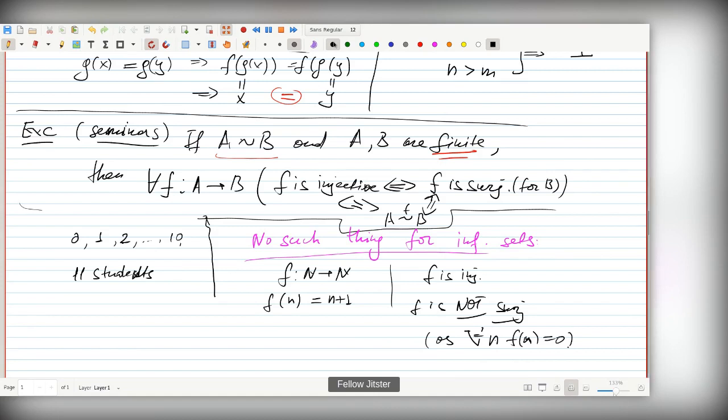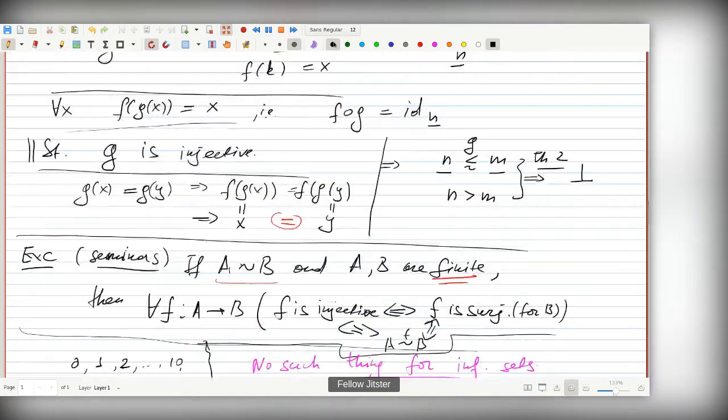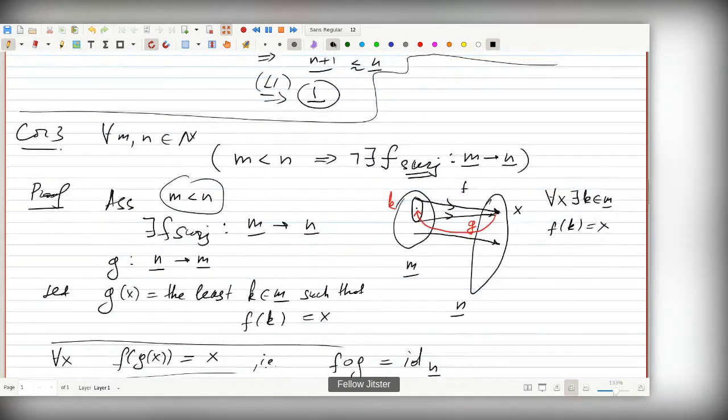So this property is a distinctive feature of finite sets, and in fact you may take it as a definition of finite sets, but nevertheless we prefer to have it as a theorem and use another definition.